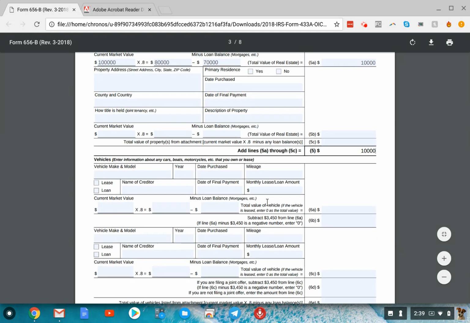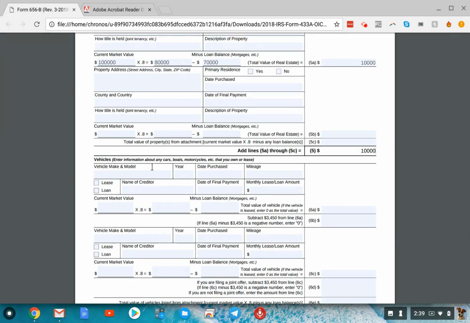Okay, vehicles. These get a little trickier. They want to know when you bought it, when your final payment is, and if it's a lease or a loan. If it's a lease, there's going to be no current market value, and the loan balance is nothing because you're essentially just renting the car. If it's a loan, you want the name of the creditor, the date of the final payment, same information.